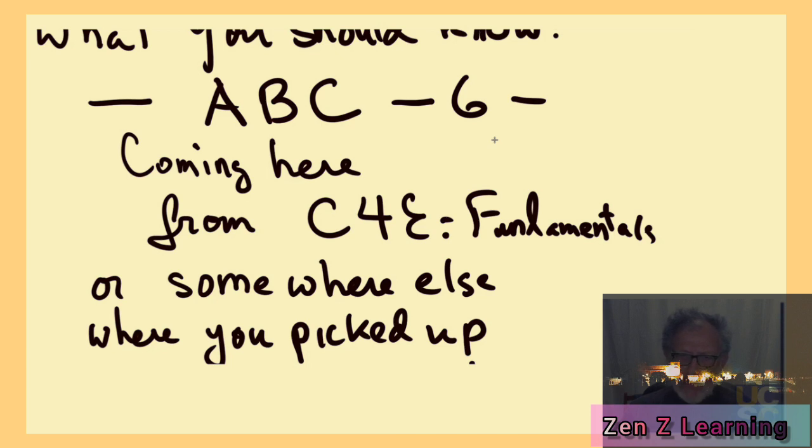So coming here, you would have that form of background. Or, as I said more precisely, if you came here from the Coursera course, C for Everyone Fundamentals, you would be exactly where you needed to be.